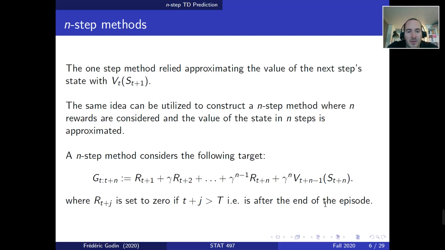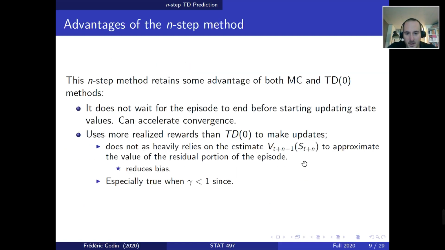Okay, so for larger values of n, the bootstrapping term has less impact, so the bias has a smaller impact. Okay, so smaller bias is always good because it provides more accurate computations and updates. Okay, so let's go back here.